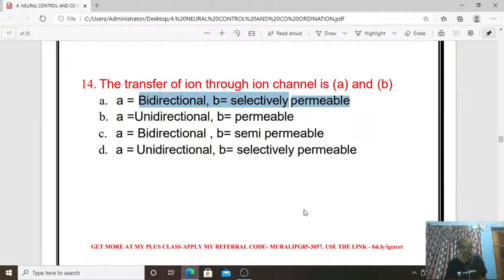The transfer of ions is bidirectional, potassium ion and sodium ion, and selectively permeable. Not all the ions are going to be transported through that ion channel. So the answer is A for the 14th one.